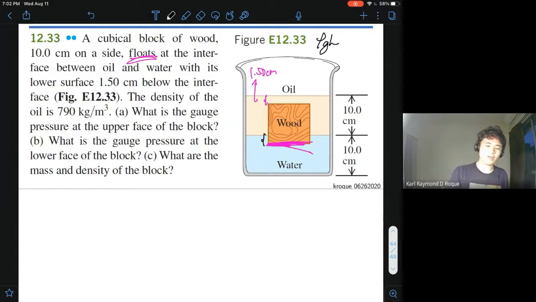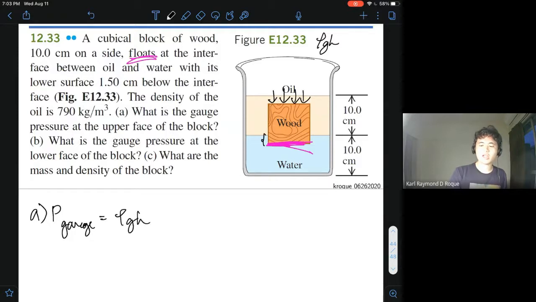Pero okay, let's start. Okay, letter A. Di ba hanggang dito lang yung oil? Yan lang yung force na meron siya, di ba? Walang nanggagaling dito. So, ang pressure, gauge pressure, P minus P naught equals rho GH, P gauge equals rho GH. Ano yung H na to? 1.5 cm.